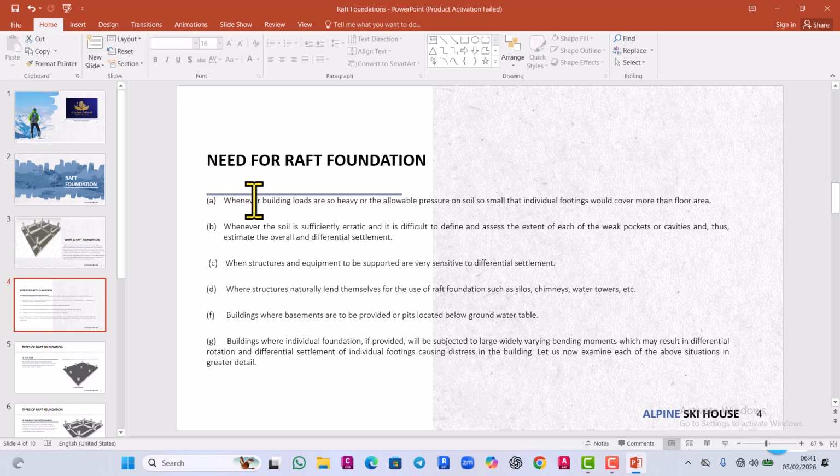The first one says whenever your building loads are so heavy or the bearing pressure on the soil is so small that individual footings will cover more than the floor area. Just like I've said, it's basically when the soil is bad and individual footings become impossible.